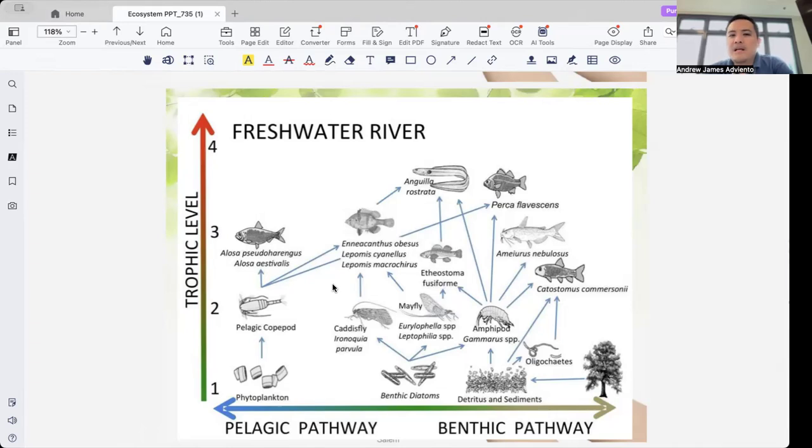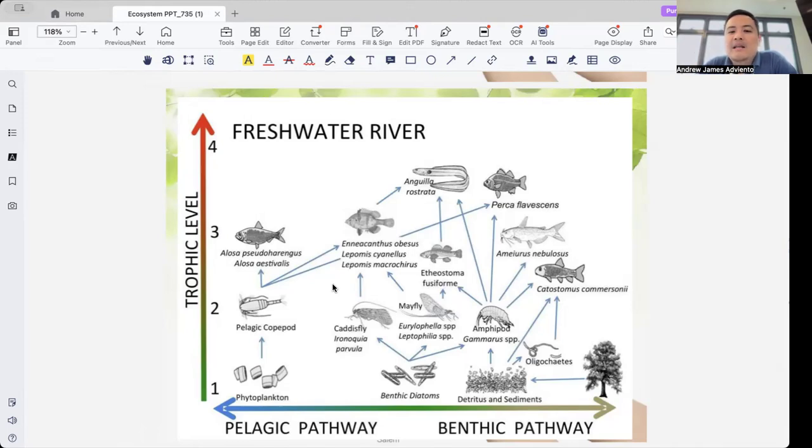In the pelagic pathway, energy flows through plankton, like small plants, then small fish, which are eaten by larger fish, and then eaten by birds or mammals.